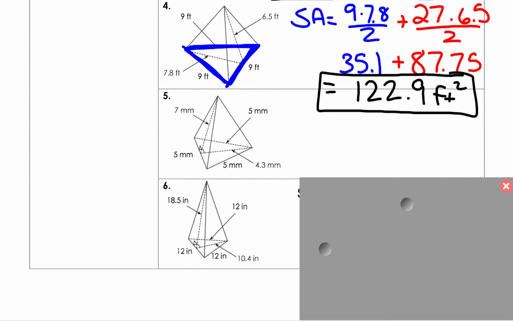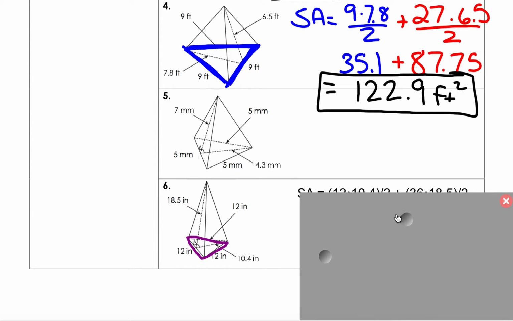And again, if you would like to, you can always trace the base, so you know which one you're referring to as the base. When I did that, to find the area of the base, I did 12 times 10.4, because that's the height at the 90-degree angle of this bottom base, divided by 2.